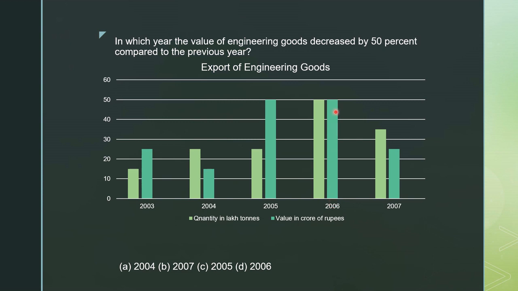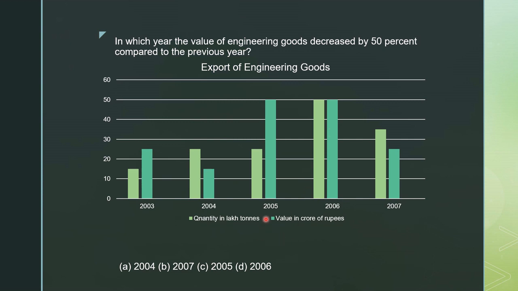So the value has also decreased. What percentage decrease? That is 50 minus 25 divided by 50, into 100.